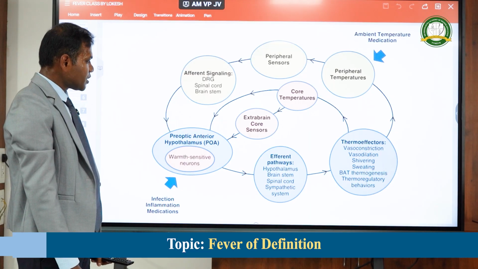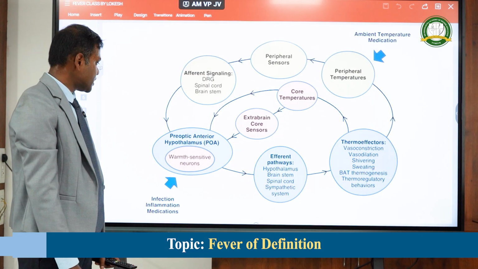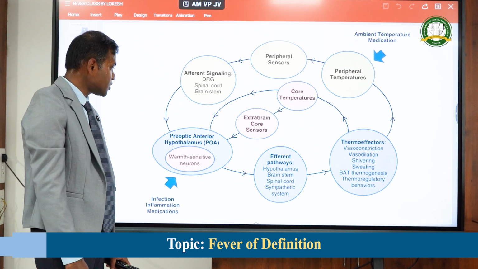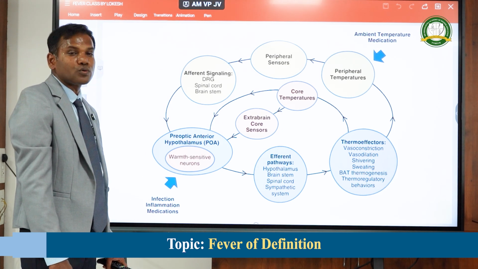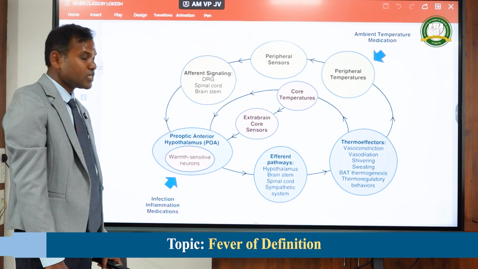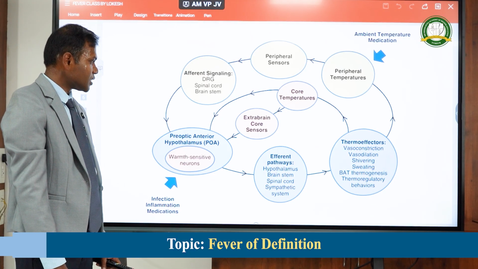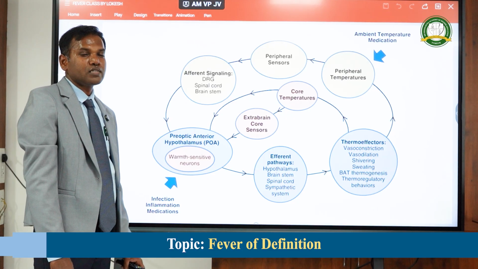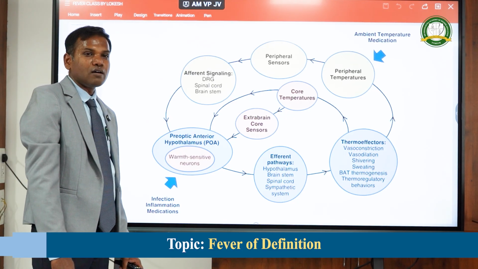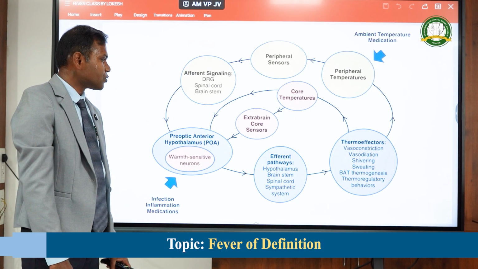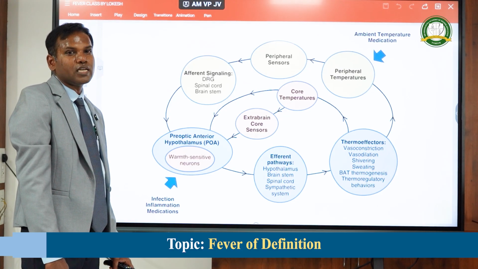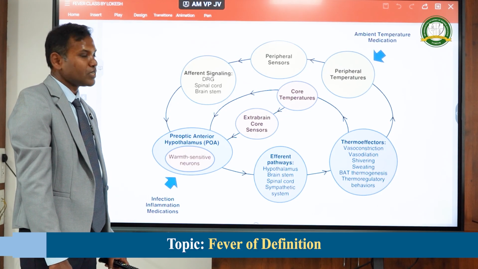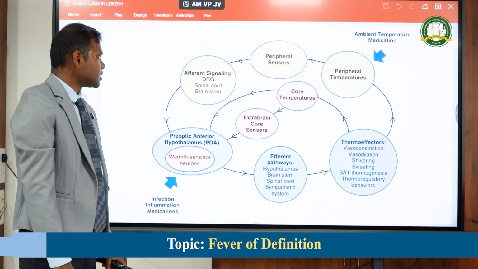So, how is normal body temperature regulated? The preoptic anterior hypothalamus has warm sensitive neurons, and through different pathways it goes to the hypothalamus, brainstem, spinal cord and sympathetic system. Thermoeffectors like vasoconstriction, vasodilatation, shivering or sweating, brown adipose tissue thermogenesis and thermoregulatory behaviors in turn lead to peripheral temperatures and peripheral sensors.